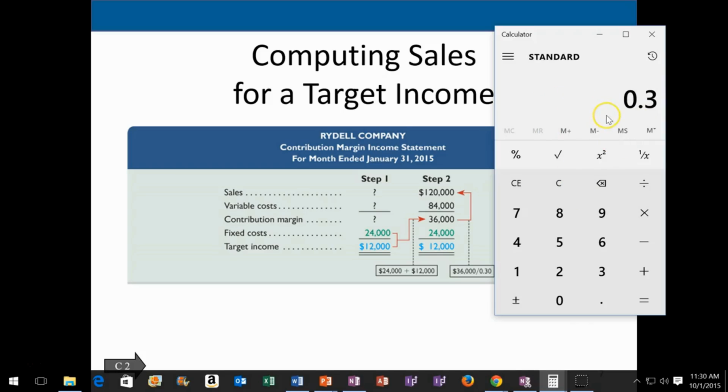Now, if we're getting 30% of sales in the contribution margin, 100% minus 30% is 70%. So if we take the 70% times the 120, we know that that's going to be the 84,000. The variable portion is therefore 70% if the contribution margin is 30%.